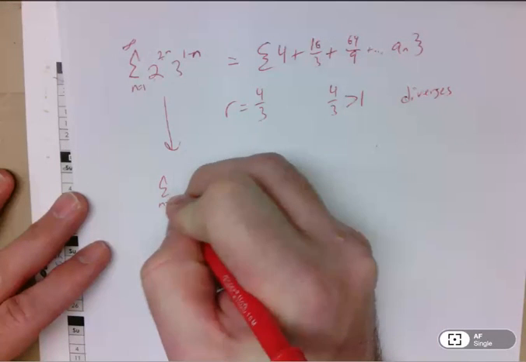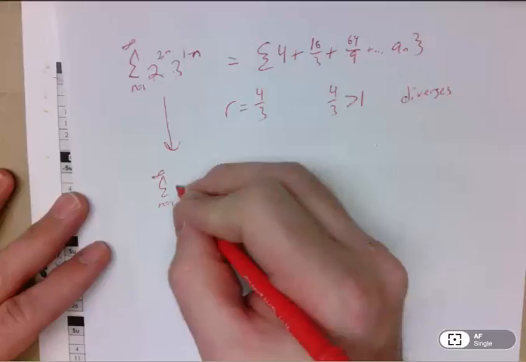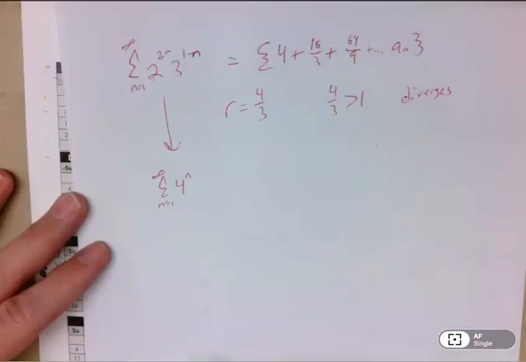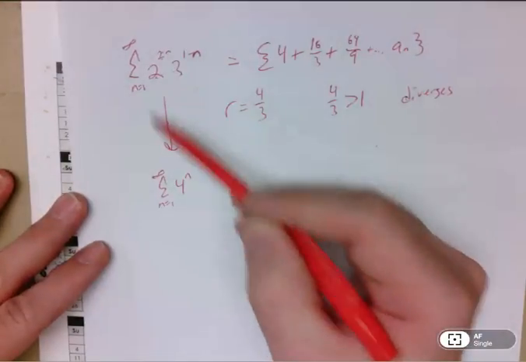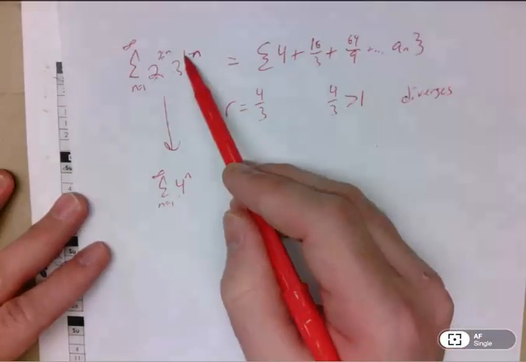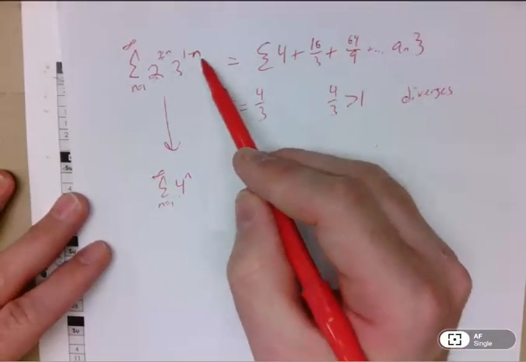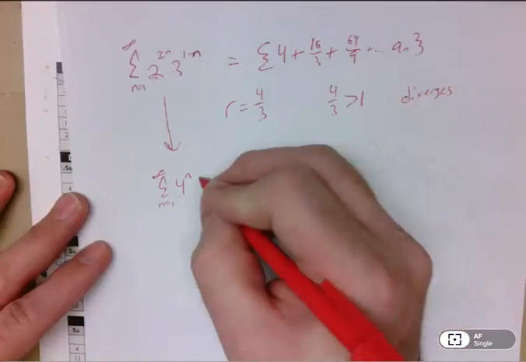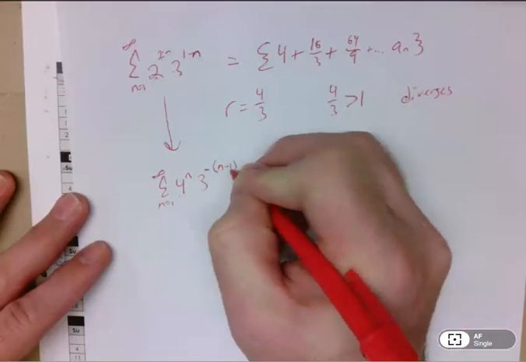Let's go ahead and rewrite this. 2 to the 2n is the same as 4 to the n, right? I have 2 squared times 2 to the n, that's 4 to the n. Now 3 to the 1 minus n, this one's going to be a little tricky. Isn't that the same as 3 to the negative n minus 1?